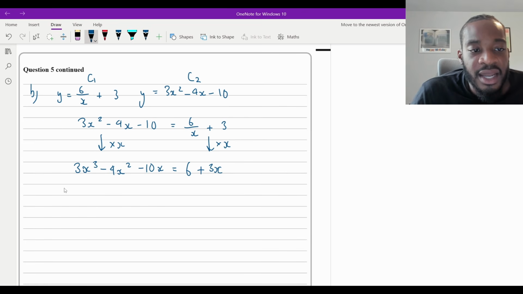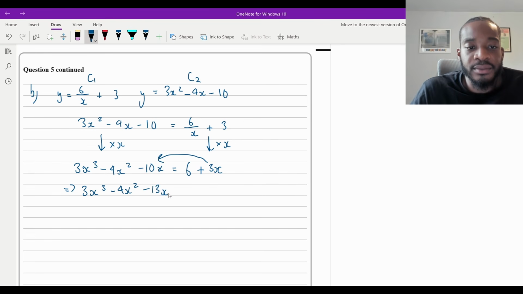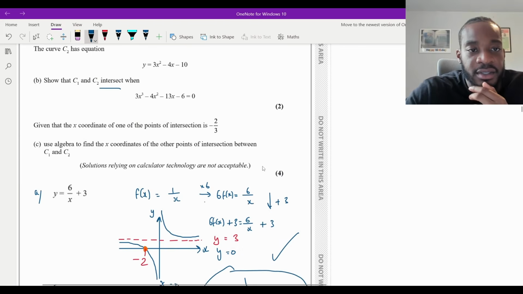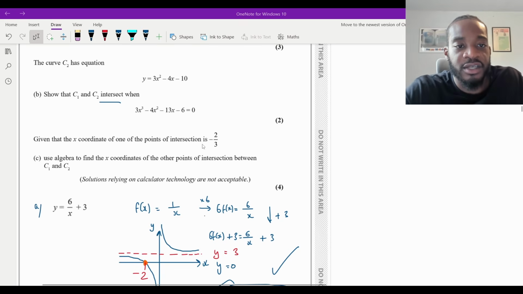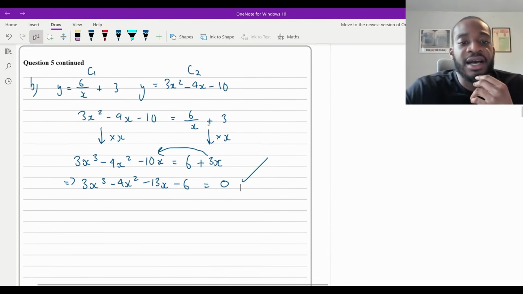And then now that just means 3x cubed minus 4x squared, and if I move that over, that plus 3x will become a minus 3x. So it'll be minus 13x, and then minus 6 is equal to 0. And that is it. Let's just check. Yeah, 3x cubed minus 4x squared minus 13x minus 6 is equal to 0, as required.